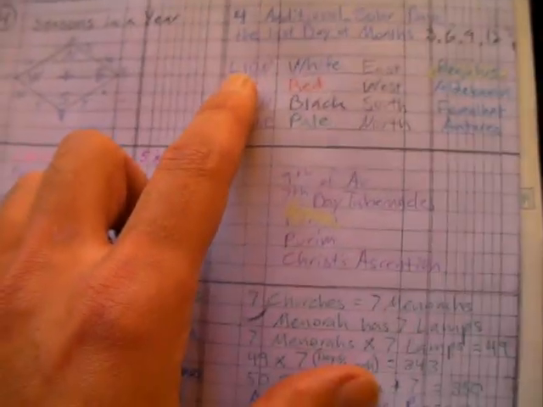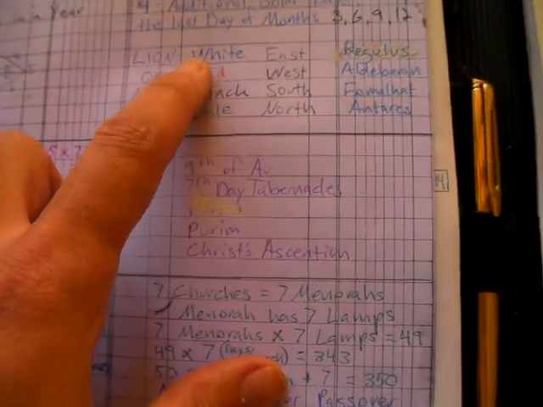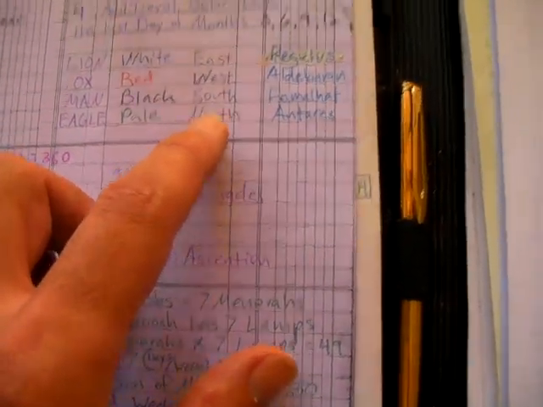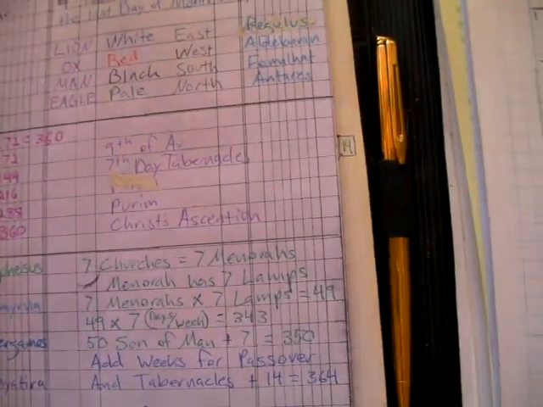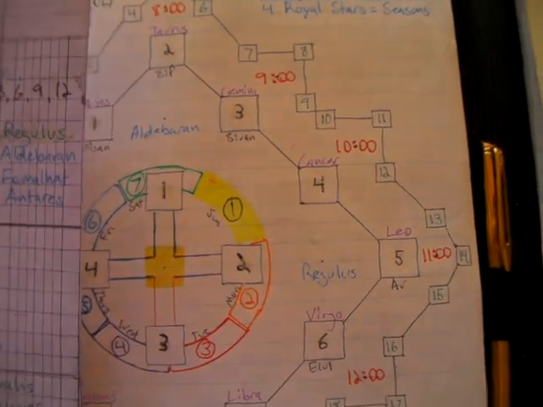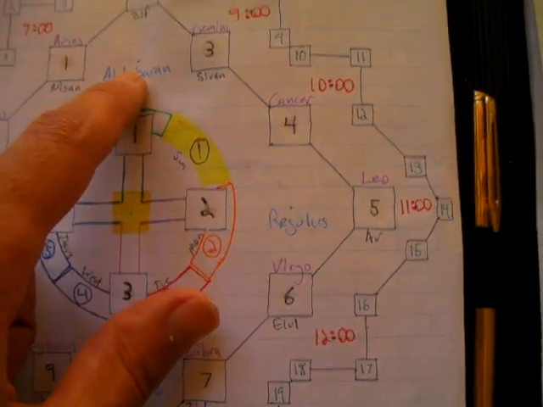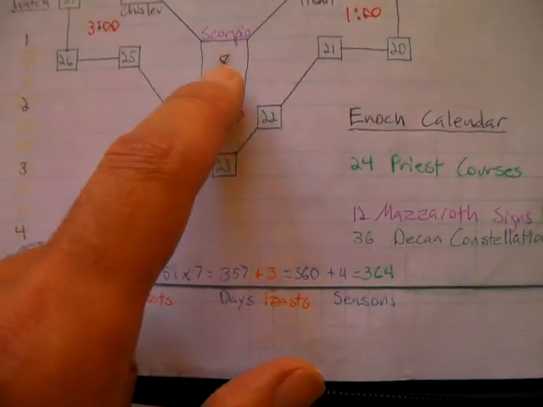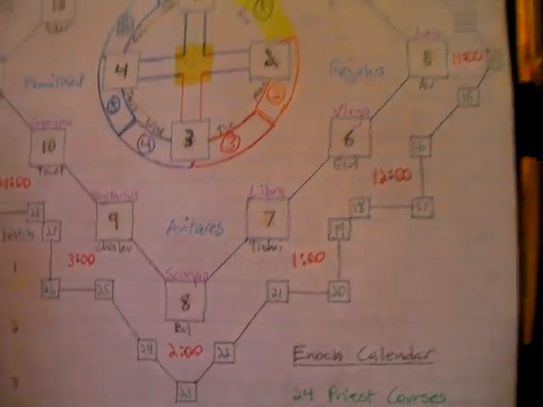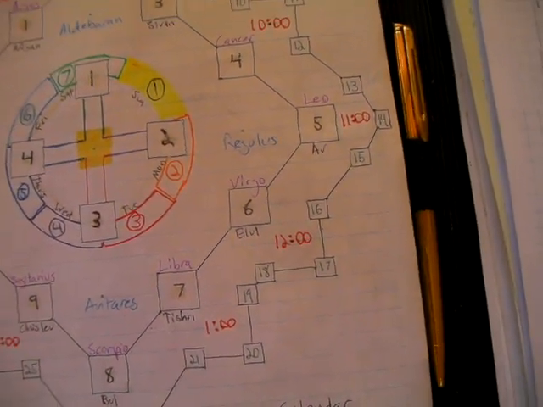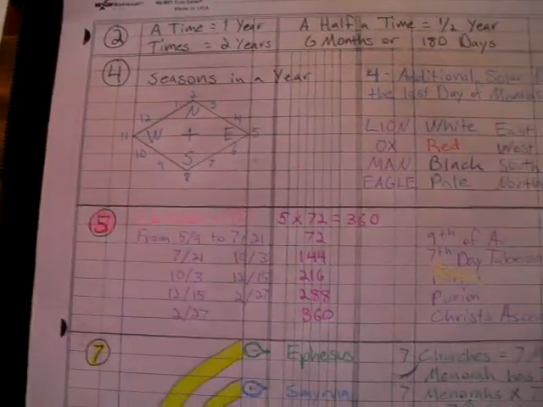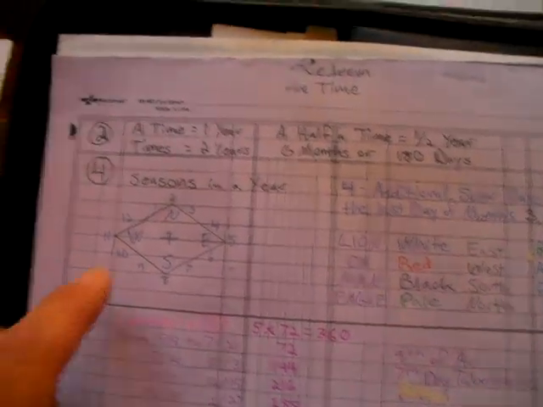We also have the lion, ox, man, eagle. We have white, red, black, pale. We have east, west, south, north, and we have 4 principal stars. The Persians called them royal stars, and you can see those here: Aldebaran is in Taurus, Regulus is in Leo, Antares in Scorpio, Fomalhaut in Aquarius. So these are the patterns and divisions, like Enoch talked about the 4 angels and the divisions of 4.